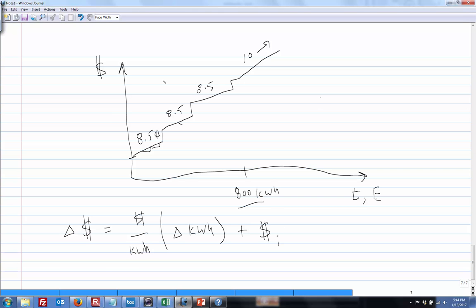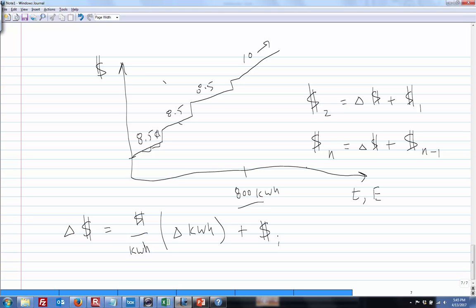So the cost at time 2 equals the change in cost plus the cost at time 1. That's all it is. So the cost at time n equals the change in cost plus the cost at time n minus 1.